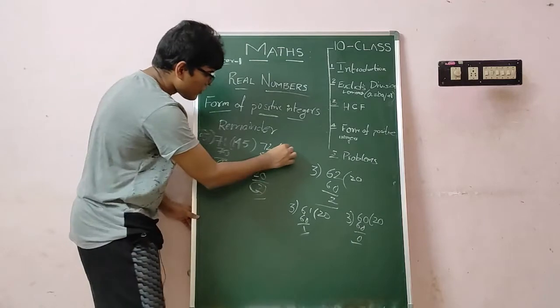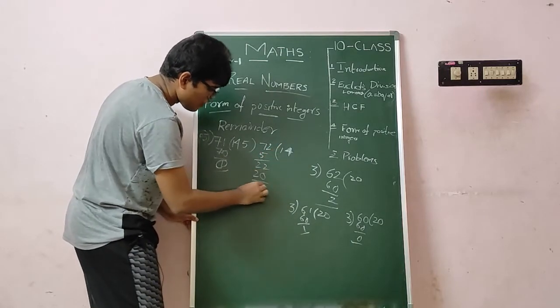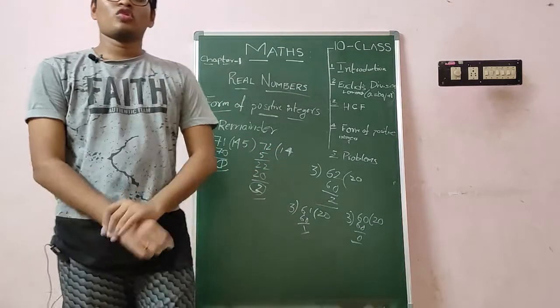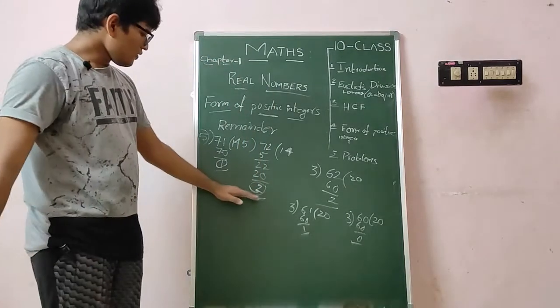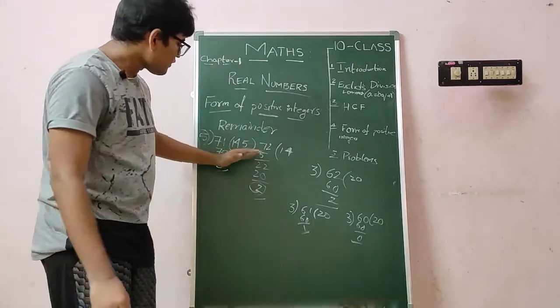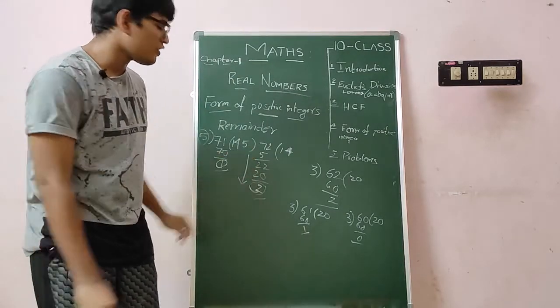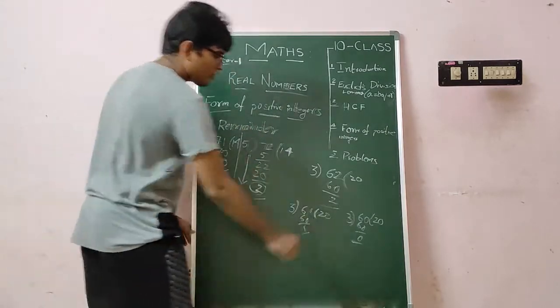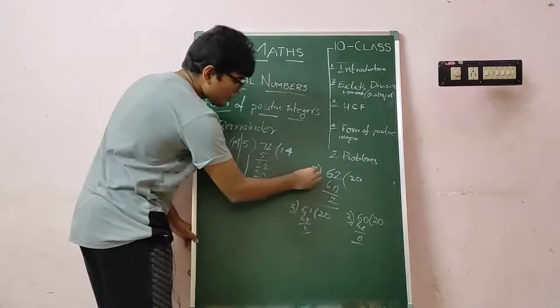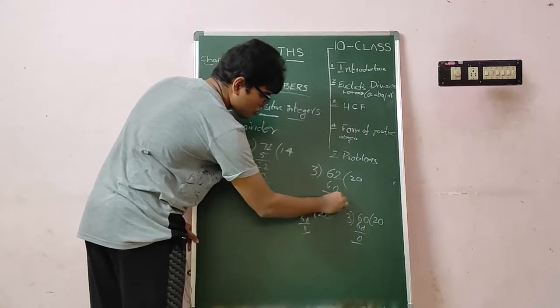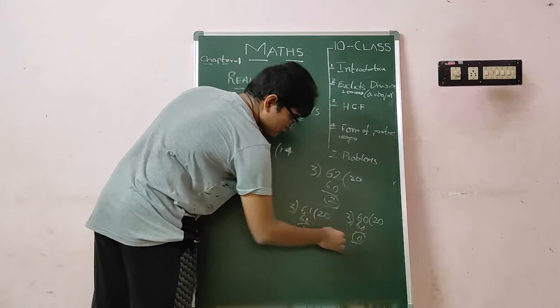Yes. So we divided again, 4 times 5 is 20, we got 2. So remainder is nothing but the smallest number we obtain by doing this process, and the remainder is always less than the divisor.